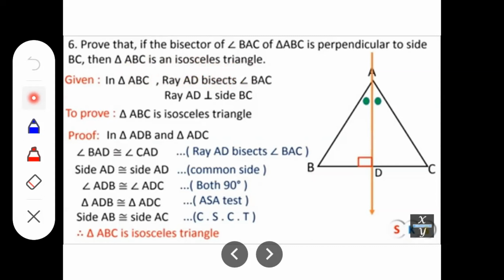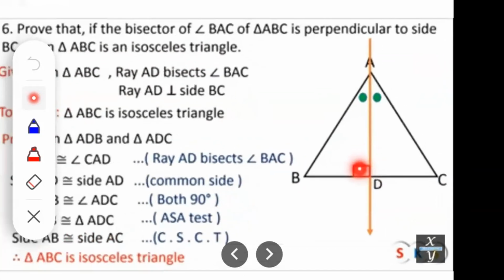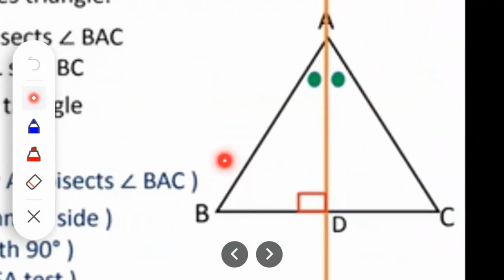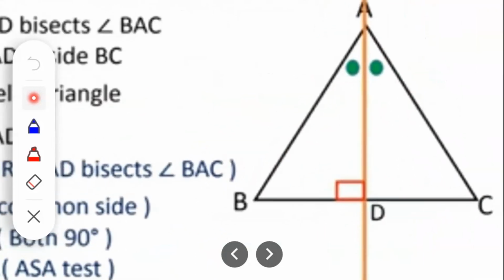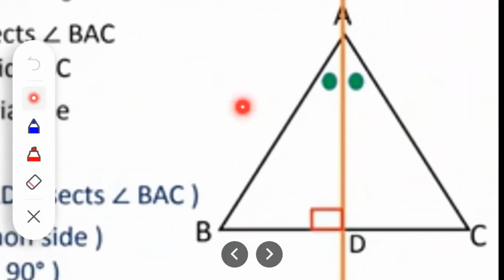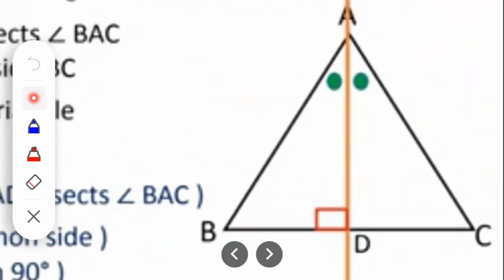Now what is meant by isosceles triangle? Isosceles triangle is a triangle with two sides equal, two sides congruent. When two sides are congruent, the type of triangle is isosceles.